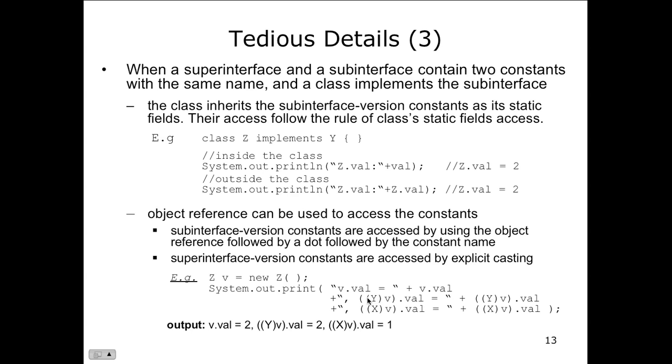Now we have Y. This is what I was talking about in terms of casting it. Treat the Z like a Y, and then print out that value. Because if you go back to inheritance, in this case we have Z that implements Y, there's a Y inside of each one of the Z's.